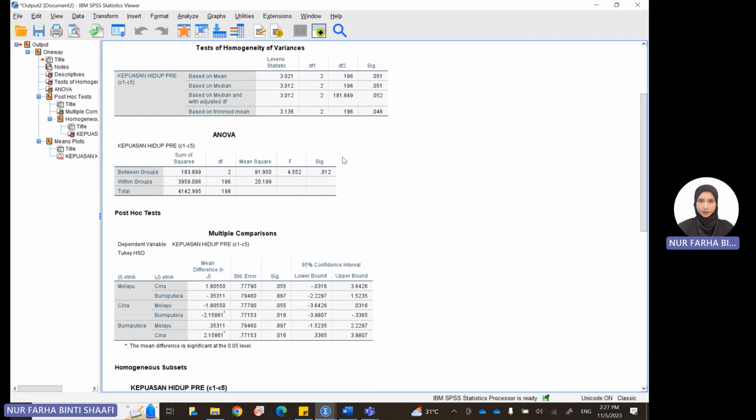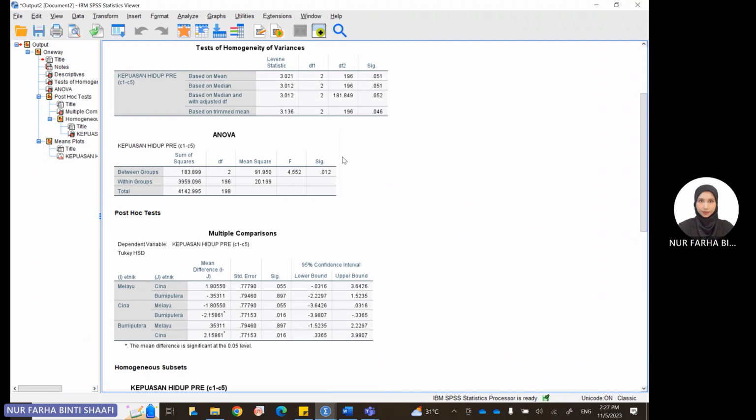If you can see your significant value, P is less than 0.05, no longer more than 0.05. As I mentioned, if P is less than 0.05, your null hypothesis is rejected, meaning there is a significant difference between kepuasan hidup and ethnicities.